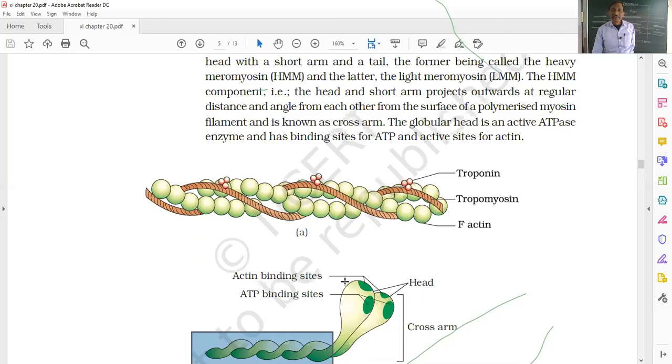So this portion is the head and this is the tail. Okay, the head has two distinct zones. One is an actin binding site, where it will form a bond with troponin of the actin filament, and the ATP binding site, where the ATP molecule will come and combine and give it energy.